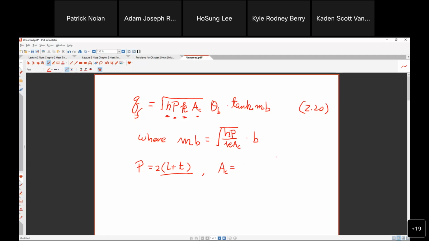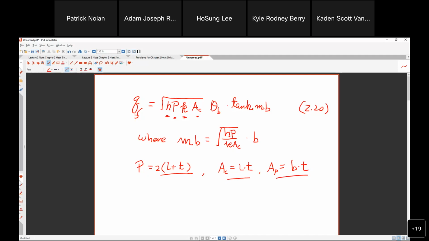Would that be L times t? Well, that's the A_p, L times t. That's the A_p. Is the profile area the same as the cross-sectional area? What is a profile area? Anyone? That's b times t. So I think you should know that.